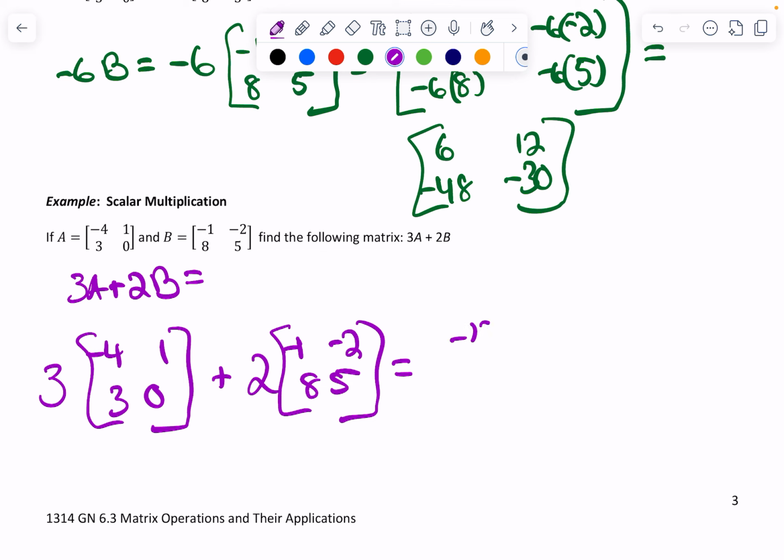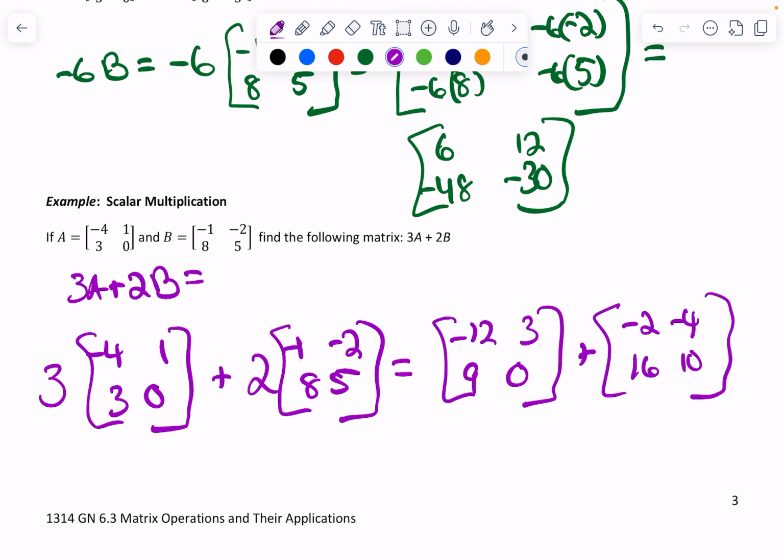We get negative 12, 9, 3, and 0. And then each element of matrix B by 2: negative 2, negative 4, 16, and 10. And then we are adding, remember, we're adding the corresponding elements. So negative 12 plus negative 2 is negative 14. 9 plus 16 is 25. 3 minus 4 is negative 1. And 0 plus 10 is 10. And that would be our answer for the 3A plus 2B matrix.